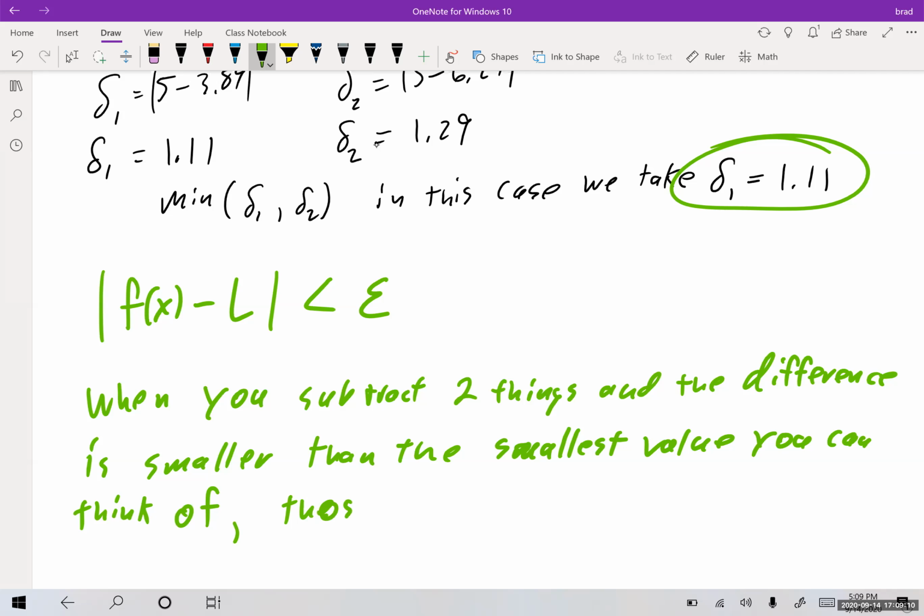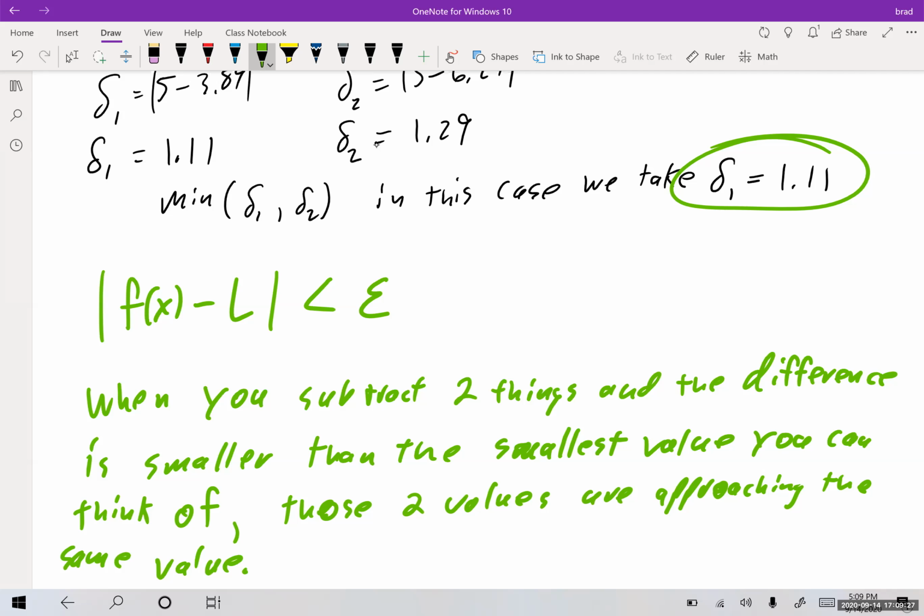Those two values are approaching the same value. Think about it. If I tell you that the difference in my height and your height is smaller than the smallest number you could think of, doesn't that mean that my height and your height are basically the same?